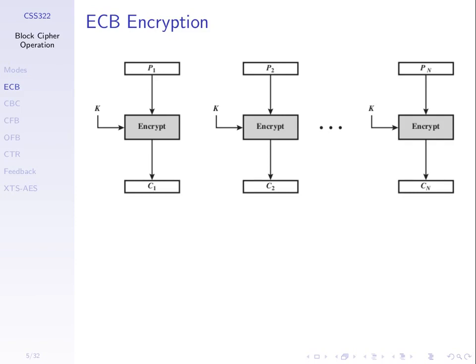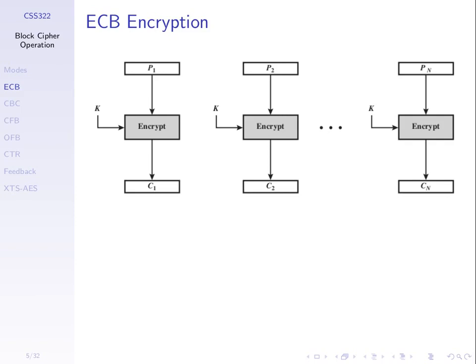Then P2 is encrypted using the same cipher, the same key, and we get C2 as output. We keep doing that for our n input plaintext blocks, and the resulting n ciphertext blocks are concatenated together, joined together. So take the plaintext, split it into blocks, encrypt each block, and join each of the resulting blocks to get the ciphertext.